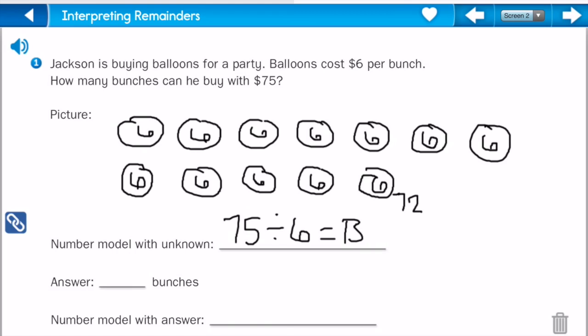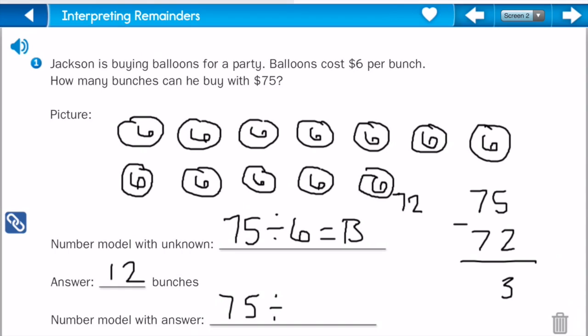I know that he can buy 12 bunches, but I had $75. So I'm going to take 75 and subtract my 72, and I get 3. So my answer will be 75 divided by 6 equals 12, remainder 3. Okay? All right, let's try our next one.